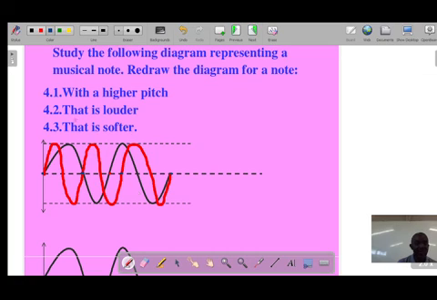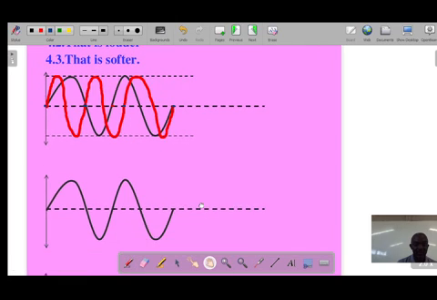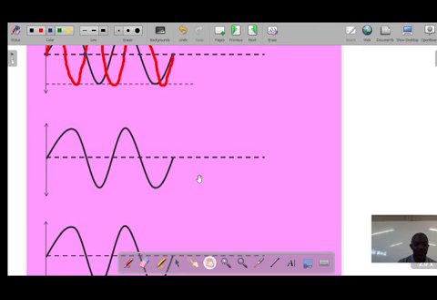Okay, now 4.2, they say that it is louder. Being louder means it must have a higher amplitude. So we're going to draw it here with a higher amplitude. Here we go. It must be higher than this one here, maybe passing here.